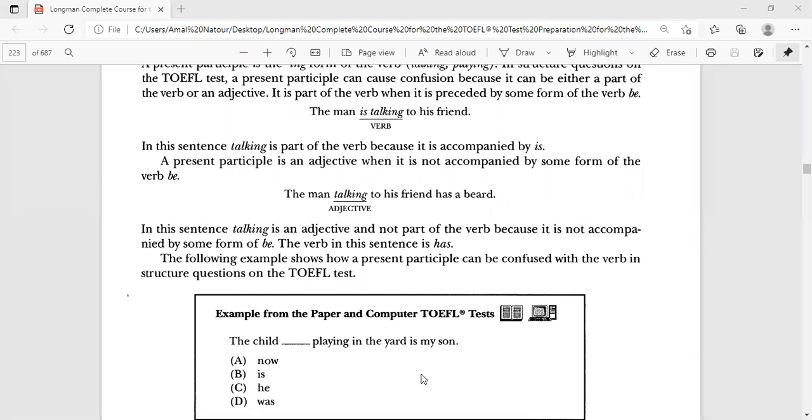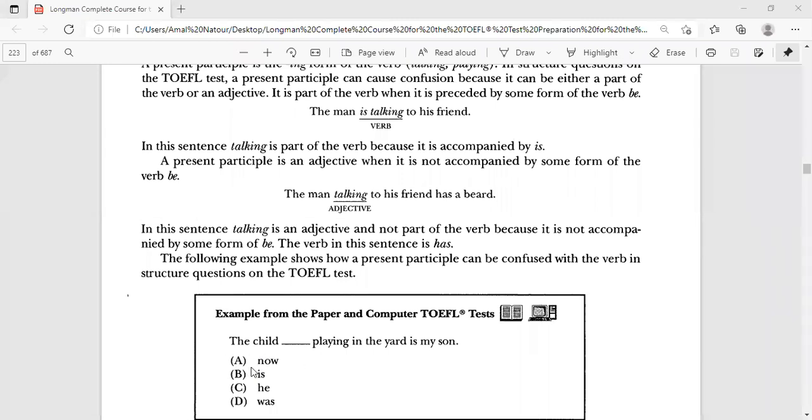In the sentence there is a complete subject, the child, and a complete verb which is is. The child is. Okay? So this sentence does not need another subject or verb. So the best answer is A.